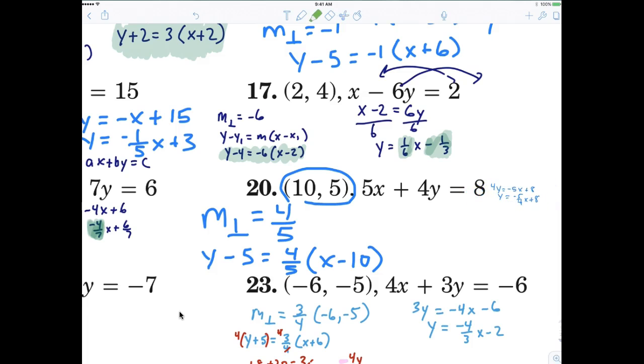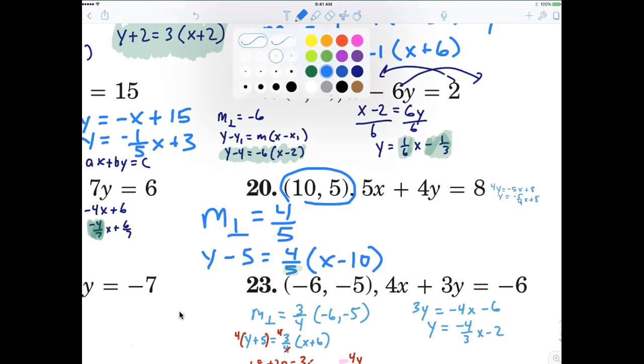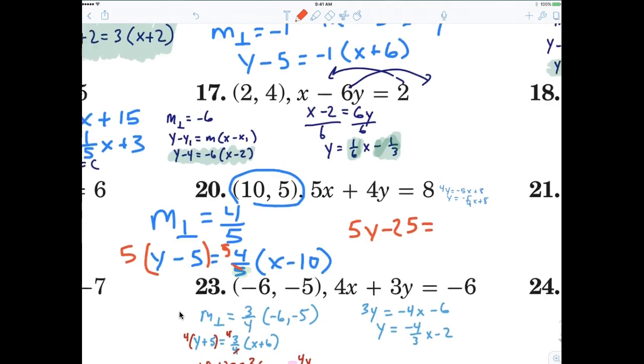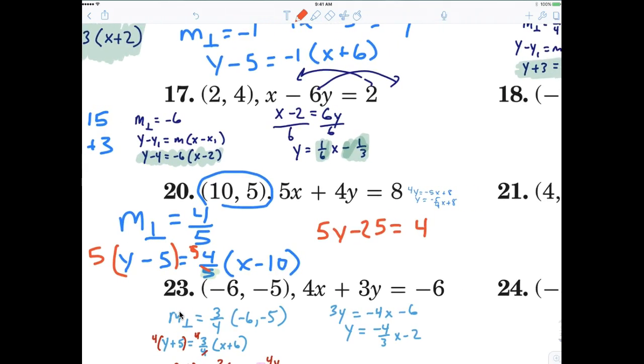So the first thing I want to do is get rid of this 5 by multiplying both sides of the equation by 5. Then these would cancel. We distribute the 5, and I get 5y minus 25 is equal to, and now we distribute the 4x minus 40.